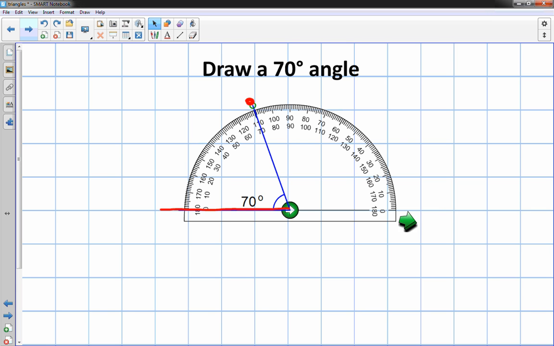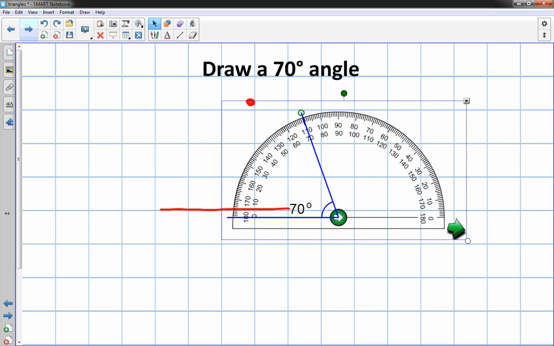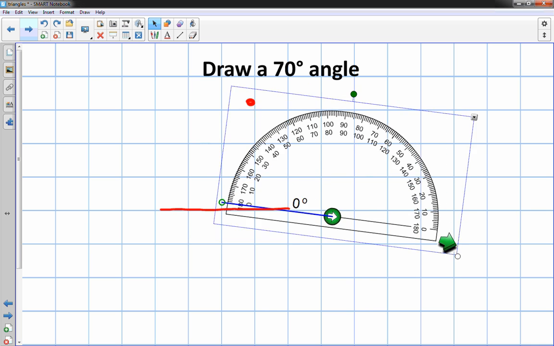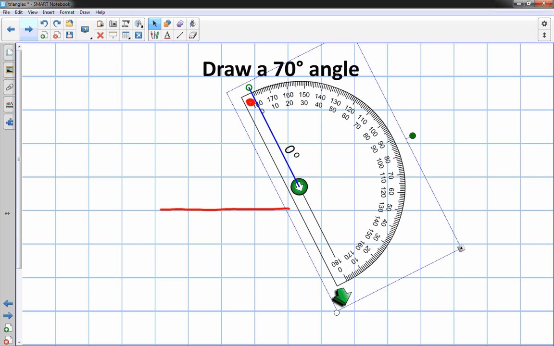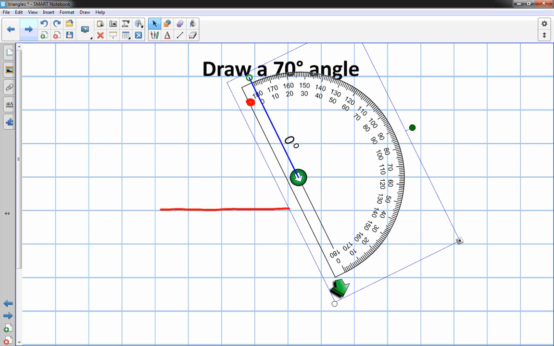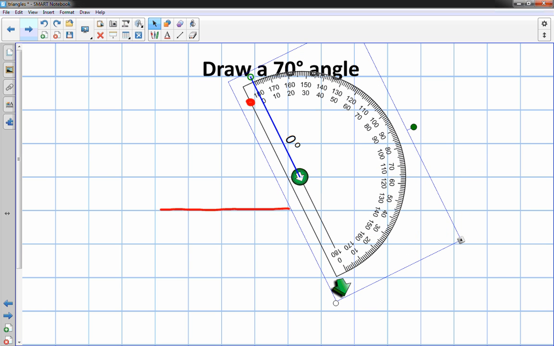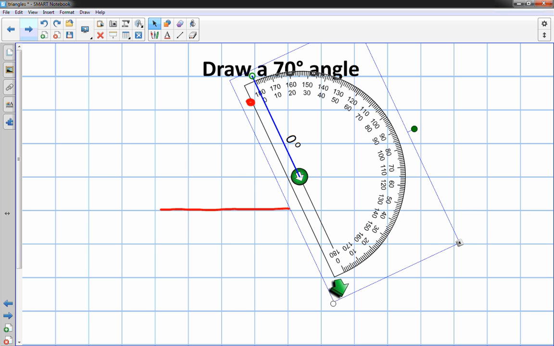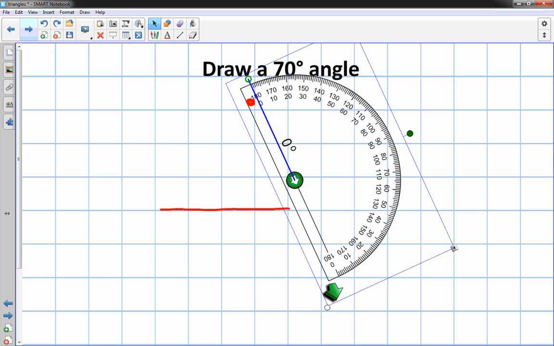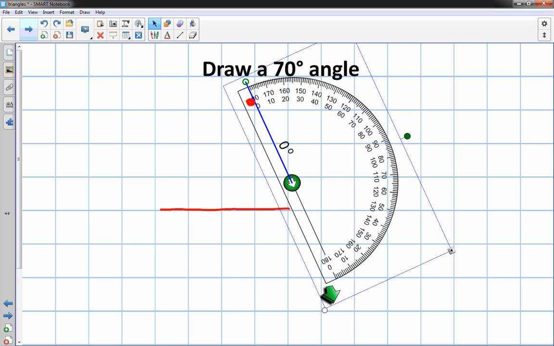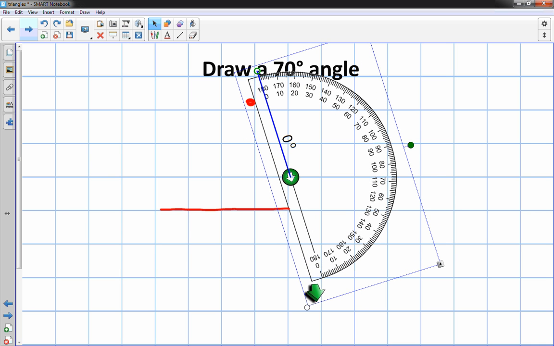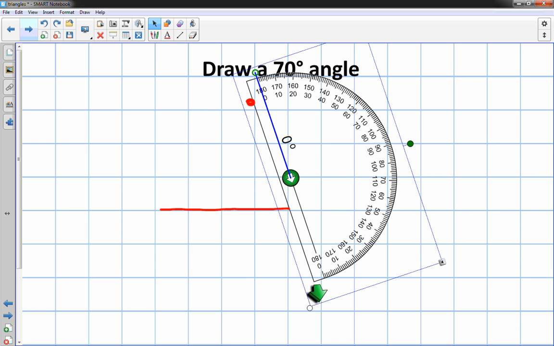And then rotate my protractor there. Maybe like that.